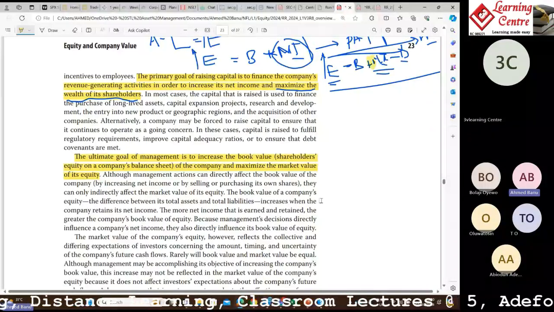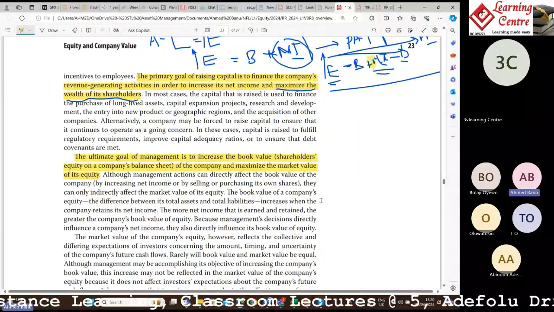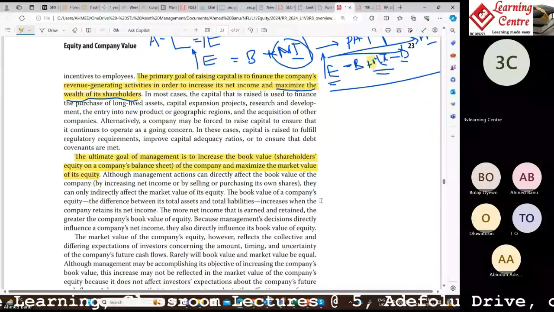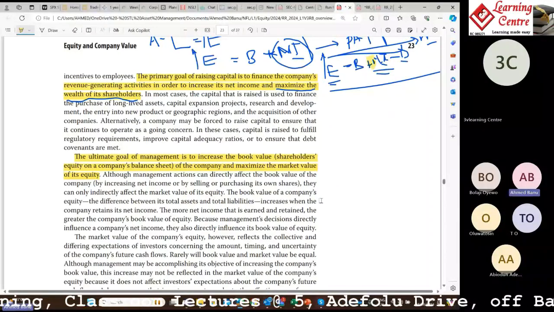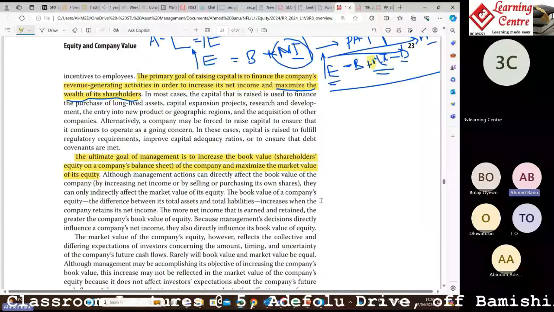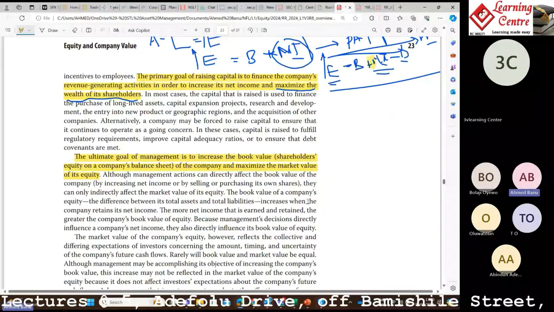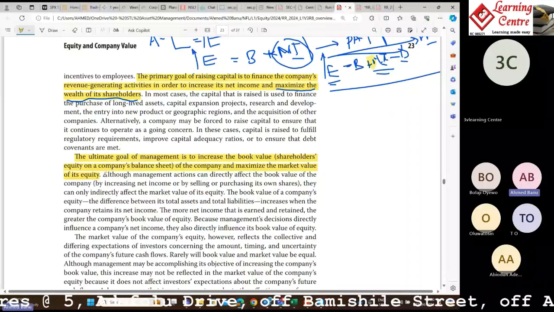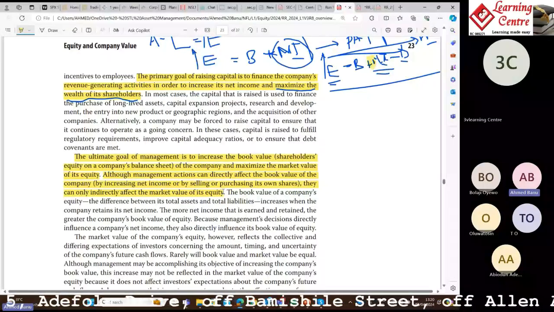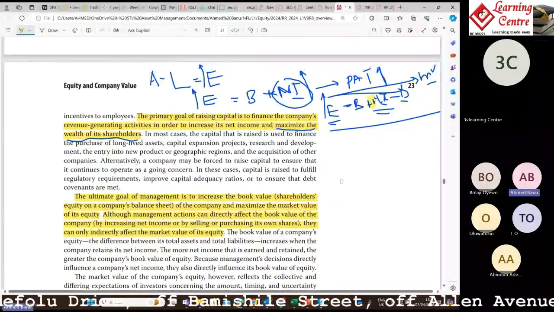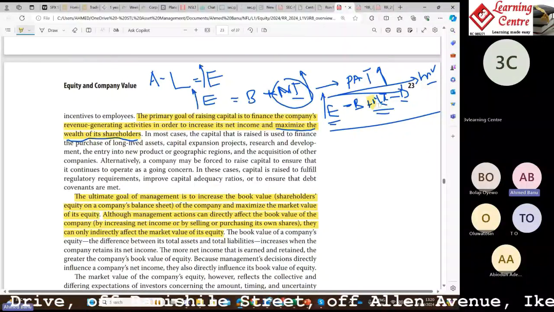Although management actions can directly affect the book value of the company, they can only indirectly affect the market value of the company. What the management has power over is the book value, and the only way they have power over the book value is through net income.